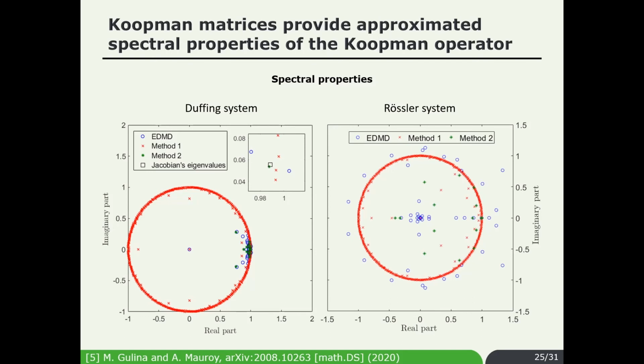You can note that eigenvalues with modulus approximately equal to 10 are not shown in the figure. This explains the fast divergence of the trajectories predicted with the EDMD method. In contrast, the first method recovers the whole unit circle with a few additional eigenvalues inside the circle for both systems.